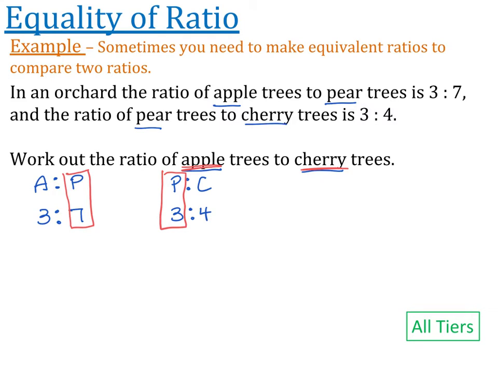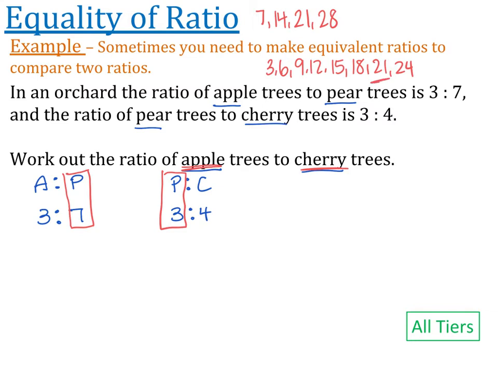What we're looking to find is the lowest common multiple. You might already figure out what number it is, but if you haven't, you can write out the times tables. So 7, 14, 21, 28, that kind of thing. And 3, 6, 9, 12, 15, 18, 21, 24.